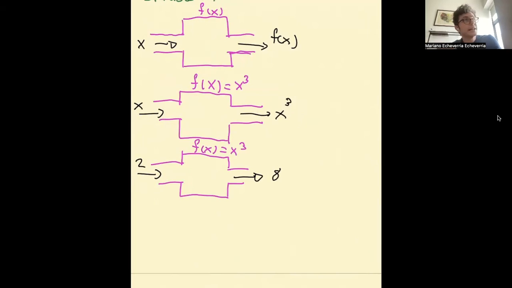So if you look at these diagrams, the machine has a directionality. It starts with 2 and it spits out 8. The idea of an inverse is that it's like the machine run backwards. So the inverse of a function is a machine played backwards. If you thought about it as a movie, you're just going in reverse.